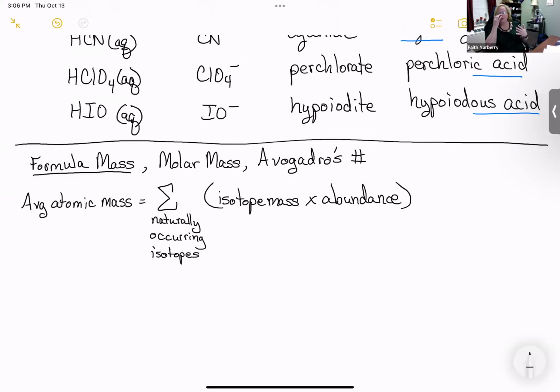And we discussed the fact that it is the average atomic mass that appears on the periodic table for an atom of an element.